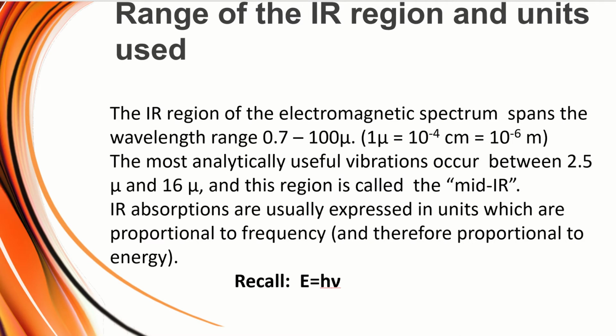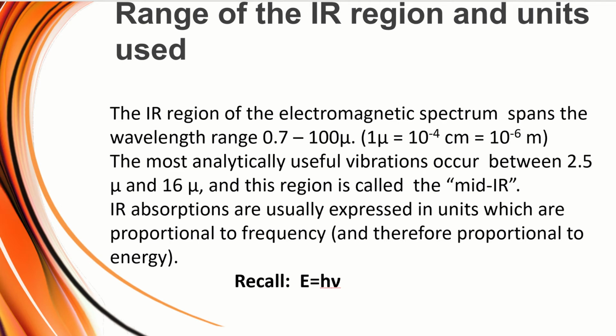All right, so now we're looking at the range of the IR region and units used. So the IR region of the electromagnetic spectrum, we looked at it last time, right, in lecture 1, and we looked at the IR region specifically, and that it spans the wavelength of 0.7 to 100 microns, right?